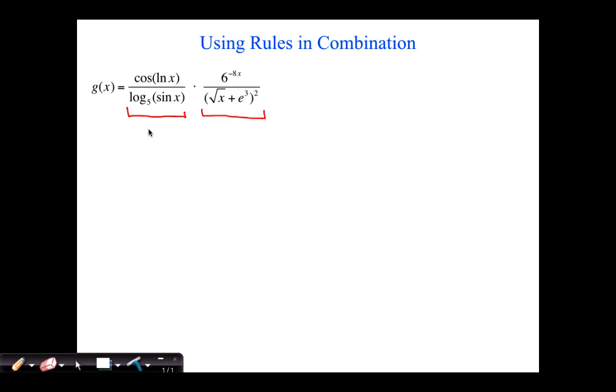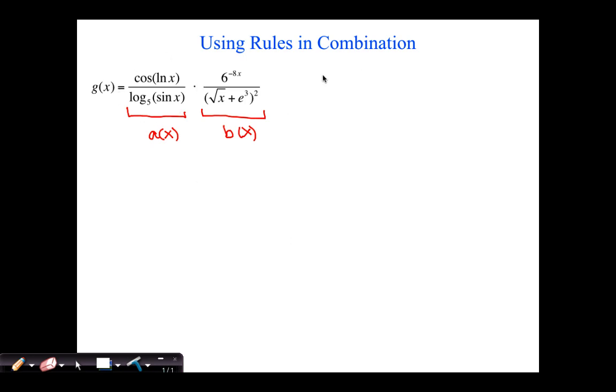Maybe call them a of x and b of x. So product rule says I need a prime times b plus b prime times a. Whatever order of multiplications and whatever order of addition is fine.